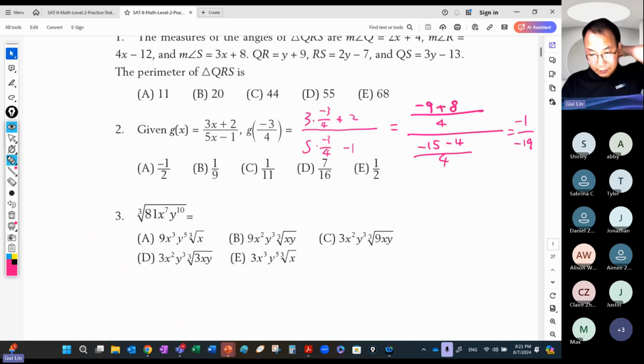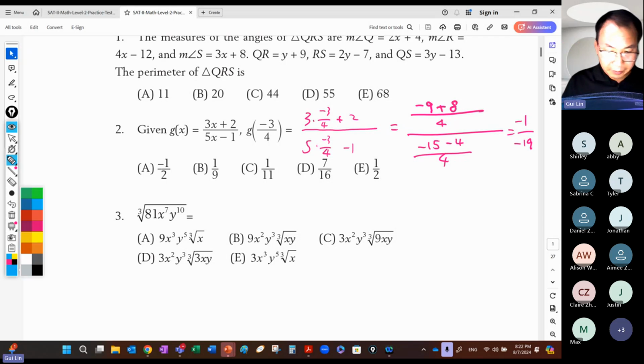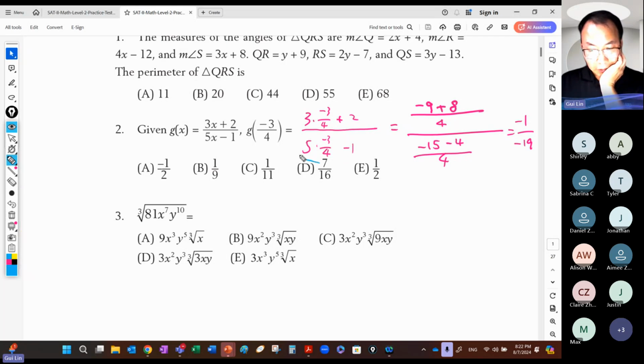Did I do something wrong here? There's no answer among the choices. Did I make a mistake here? Everyone correct me, please. I need to make a mistake so you guys have the opportunity to correct me. You see? So here, negative 15, right?